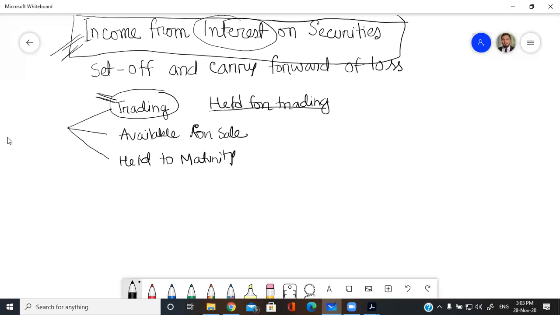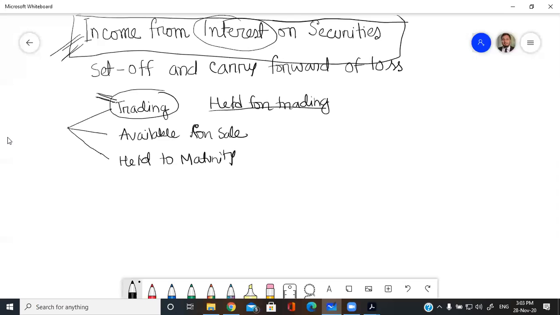For example, a particular security's maturity is 15 years, and you hold that security for 15 years. So you can immediately recognize that the purpose of holding this security is not to generate capital gain, rather to earn interest income by holding the security till maturity.